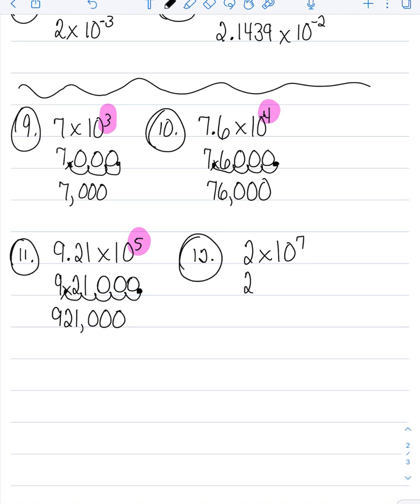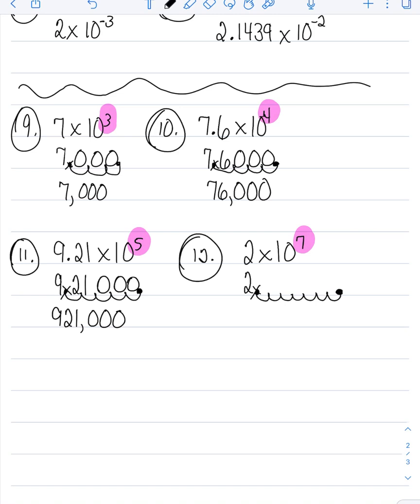Number 12. Let's write 2 times 10 to the 7th power in standard notation, or standard form, I'm sorry. So first you write the number in front of the times 10. I don't see a decimal, so I'm going to add a decimal at the end. That makes sense. 2 still is 2, it just has a decimal. I have a positive 7 exponent, so that means I'm going to move 7 spaces to the right. Positive exponents make numbers bigger. So I'm going to jump 1, 2, 3, 4, 5, 6, 7.